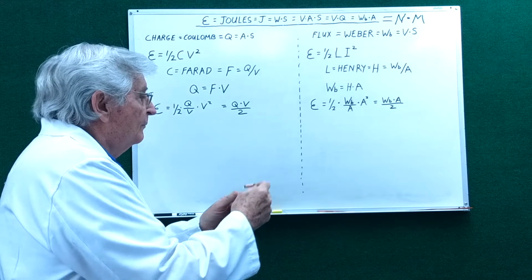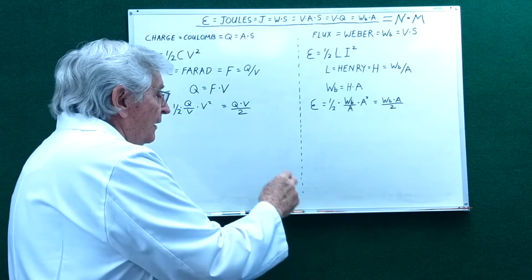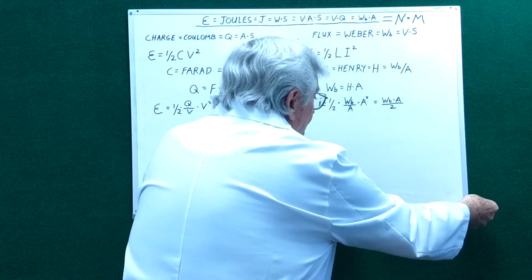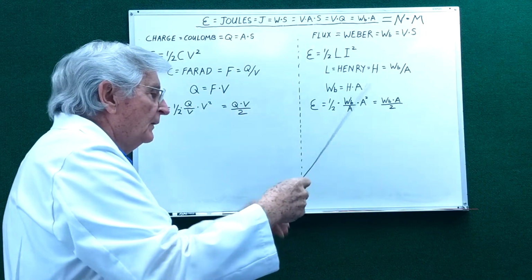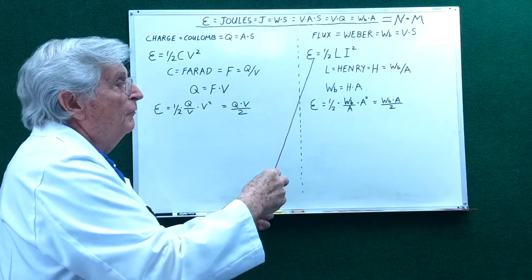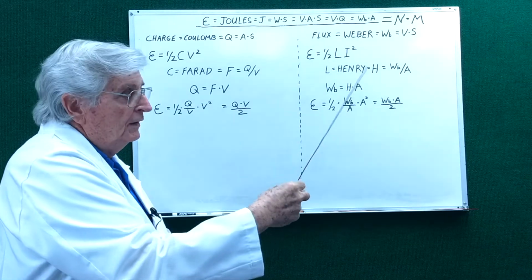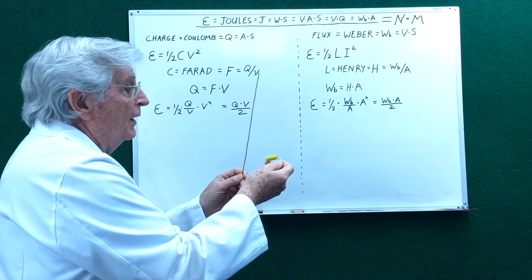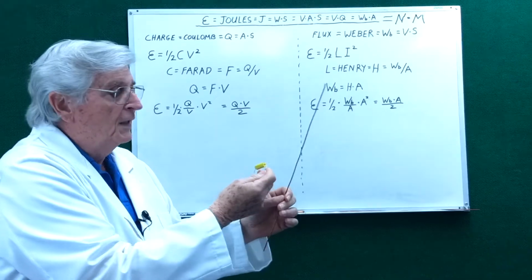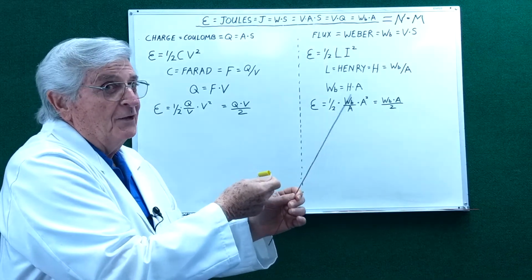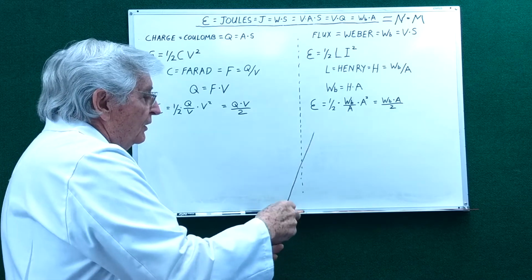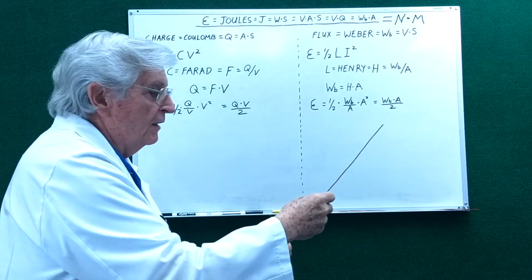So that's components of L and C. Now right here is a 1/2 microhenry inductor. And this is a 1/2 microfarad capacitor. So you can see how grossly different they are.